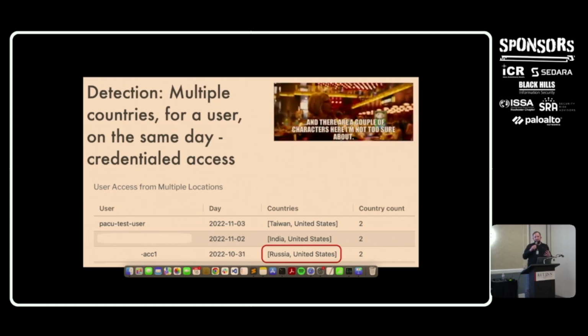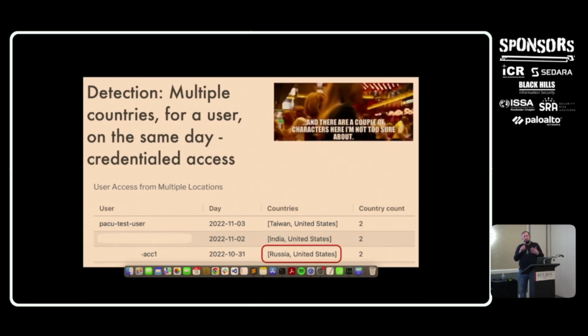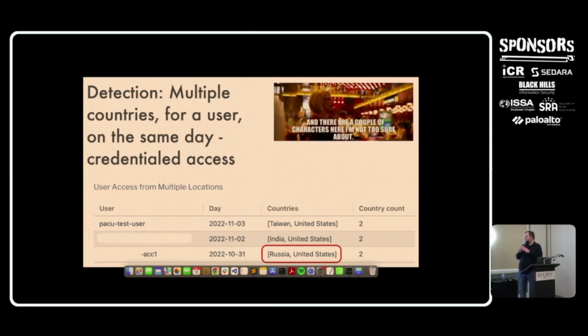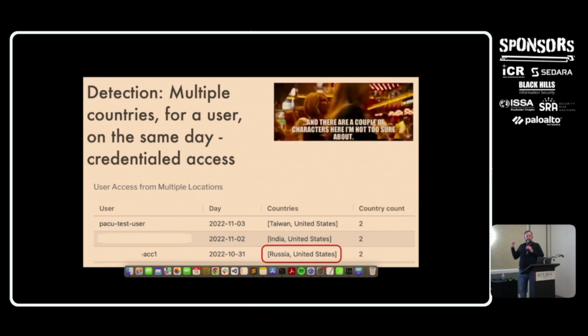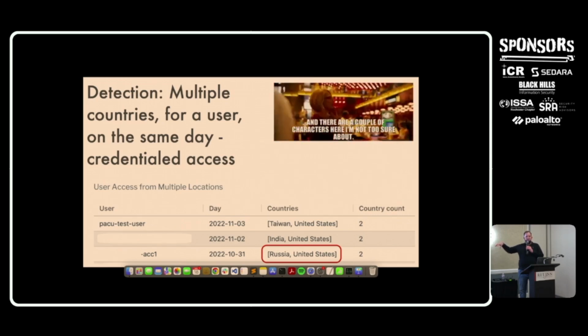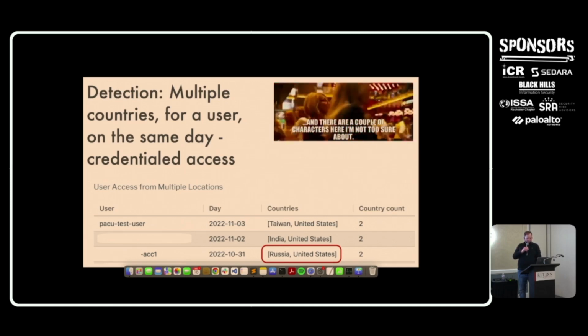Everybody has multiple devices coming from multiple IPs and multiple networks. So in order to do this, this is another area where I'm planning on applying a new algorithm. Rather than looking for same user, multiple countries, we're looking for a source country that we haven't seen before for a user. It's something completely new.